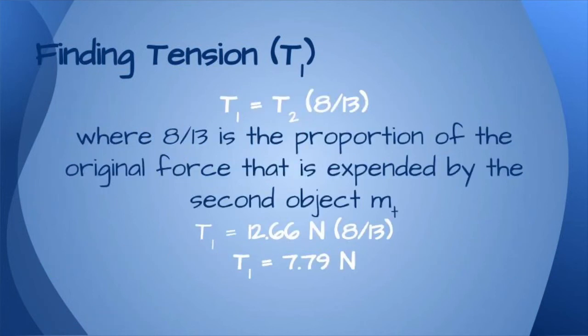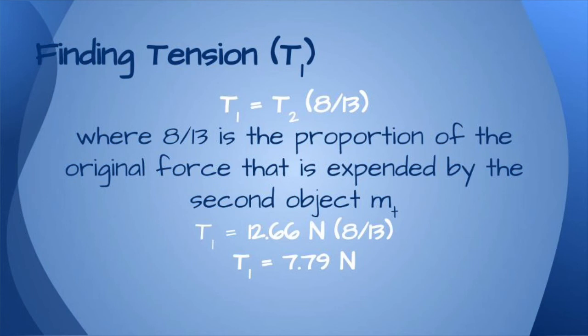The tension between the two planar objects can be expressed as a proportion of the tension across the pulley, where the lower object at 0.8 kilograms takes 8/13 of the force in the original tension. And this is due to the distribution of the tension over the objects.